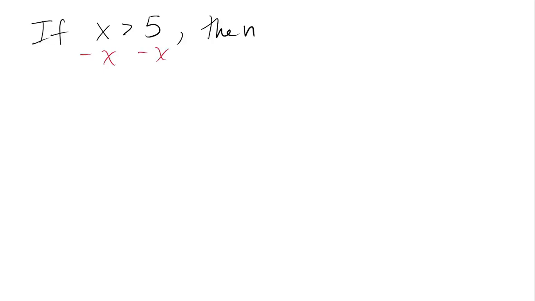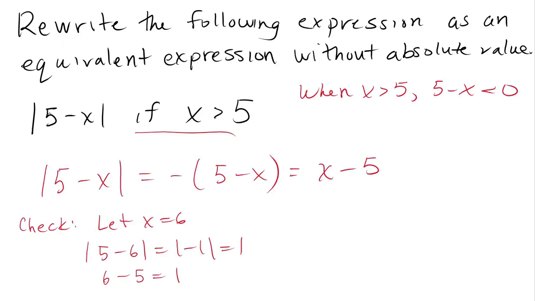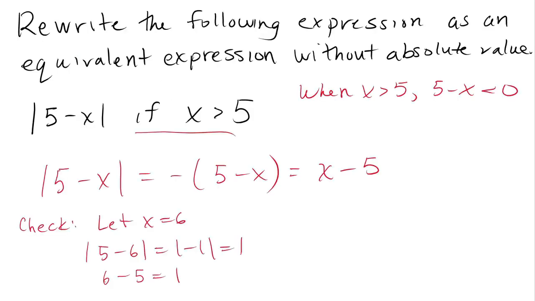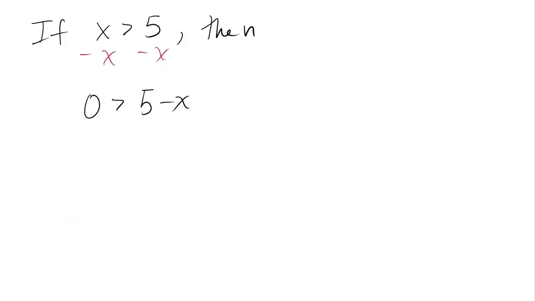Now, why would I subtract x from both sides and not subtract 5 from both sides? Well, the expression I'm trying to create is 5 minus x. On the left side, I get 0, x minus x is 0, and on the right side, I get 5 minus x, which is the very expression that we're trying to investigate.